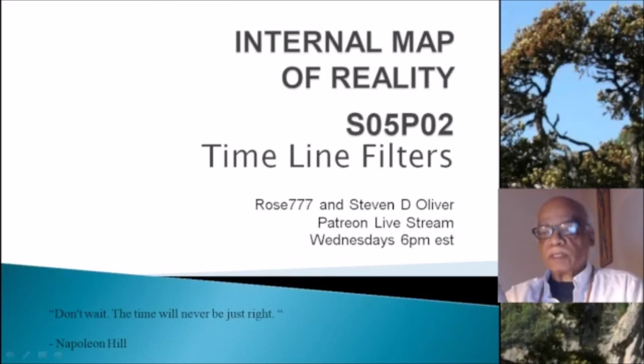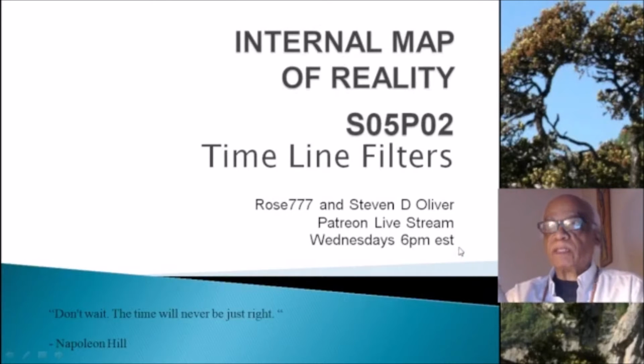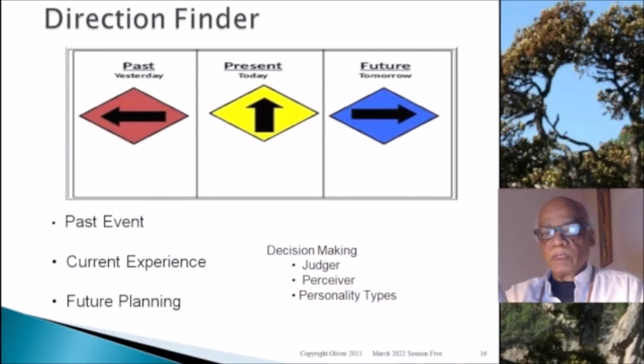From the last session, and we'll be going deeper into our filters. Now, the timeline is expansive. And as we indicated, one example being that depending on how you view, how you're oriented to your timeline, that may affect whether you perceive things or whether you judge things.